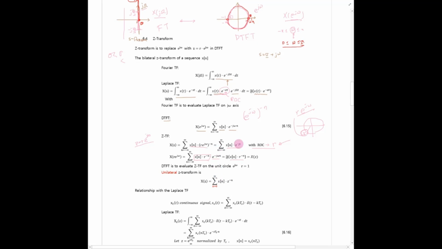So the G transform is actually the Fourier transform of these terms. It's quite similar to the Laplace transform case. If you compare them, you can better understand it by use of this similarity. If we take R equal to 1, then it's just the DTFT.